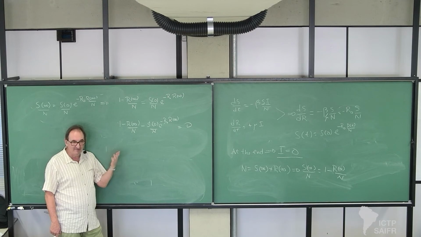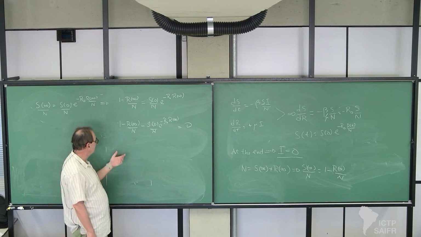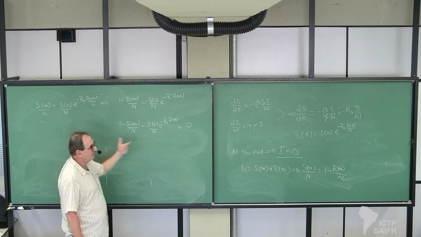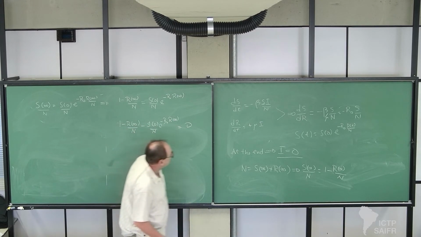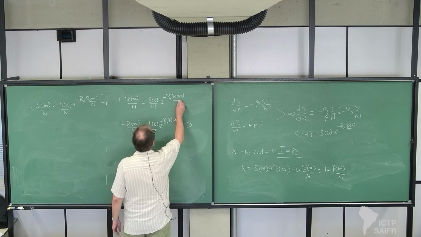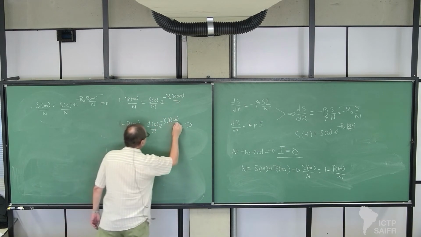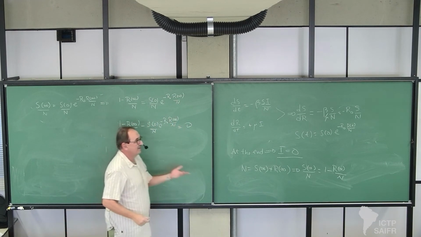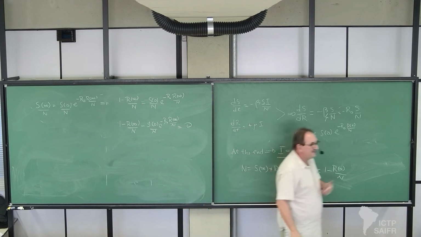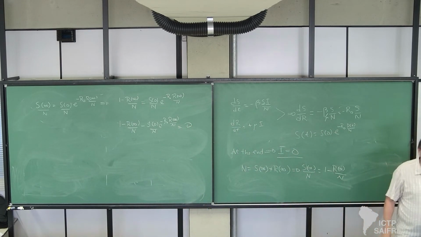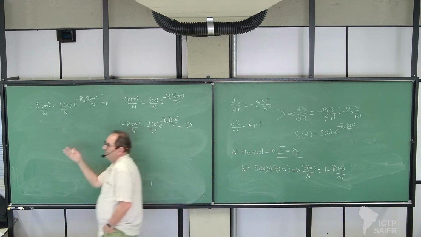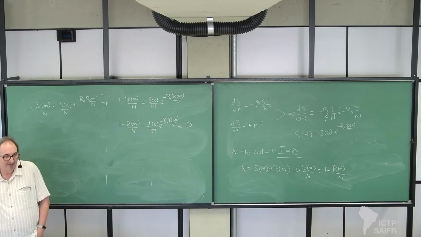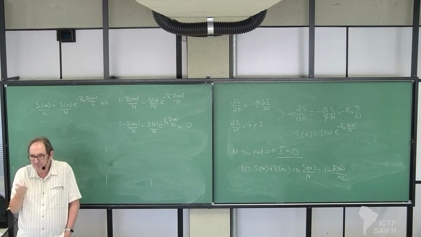A way of showing the solution is saying, okay, let R infinity, I lost an n here, yeah, I lost an n. R will be between 0 and 1. R at infinity cannot be larger than the total population, but at the beginning it can be 0, so it's between 0 and 1.